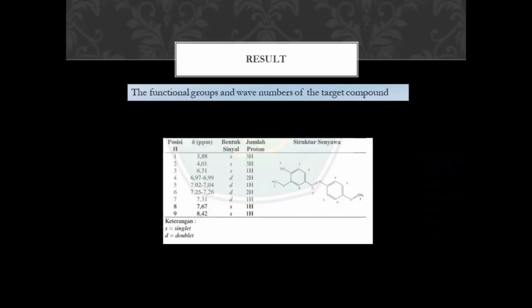Based on the result obtained, it shows the presence of two methoxy proton signals, OCH3, at a chemical shift of 3.9988 ppm 3H singlet and 4.01 ppm 3H singlet. The hydroxy proton OH signal appears at a chemical shift of 6.31 ppm 1H singlet.